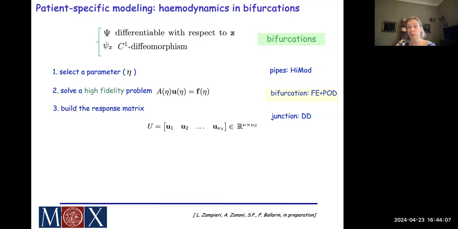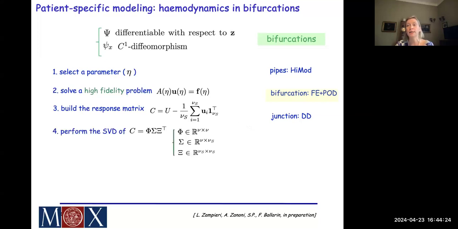At this point, we build the solution for different choices of the parameter eta in the so-called response matrix. Then we define the matrix C, which is the deviation of U with respect to its mean value, as usual.